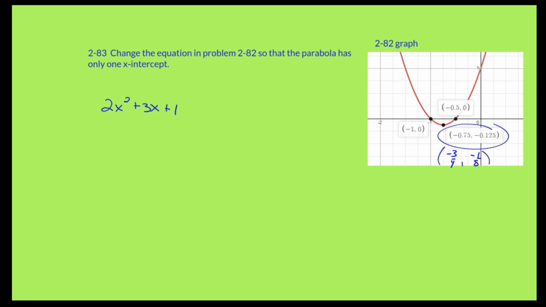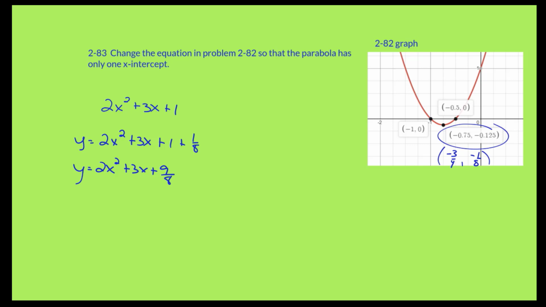Okay, so essentially all we have to do is move the graph up 1/8. Okay, so all we're going to do is add, so that's going to be 2x squared plus 3x plus 9/8. Okay, and that will give us our new equation.